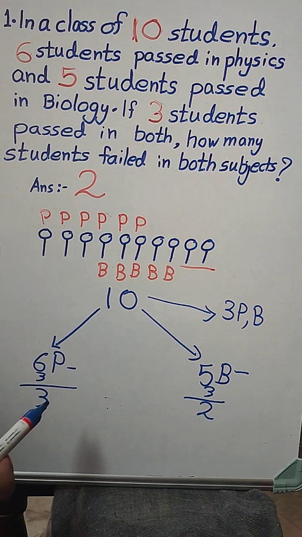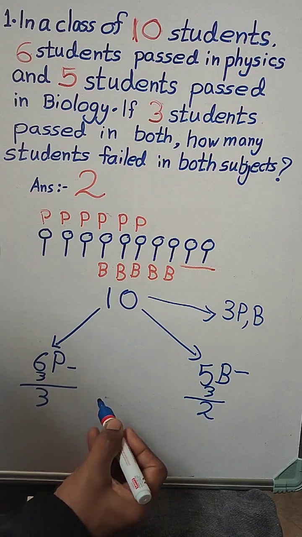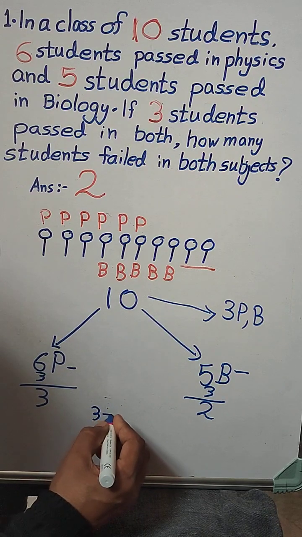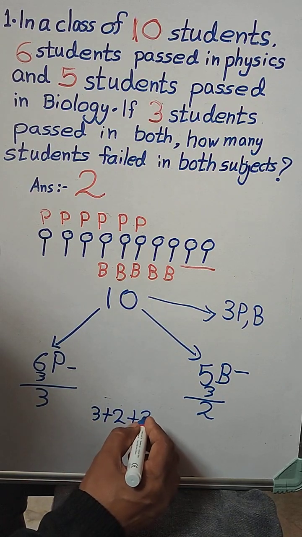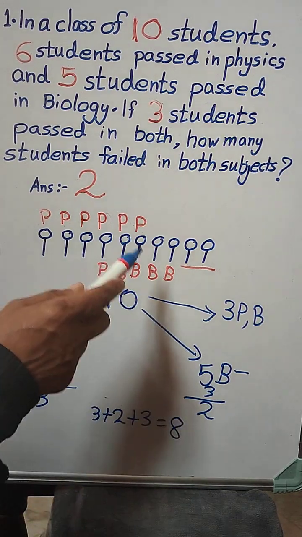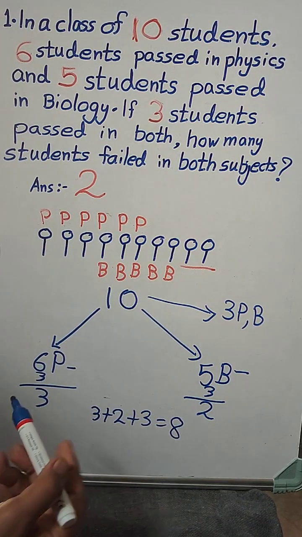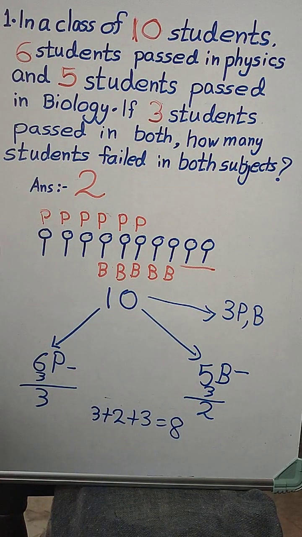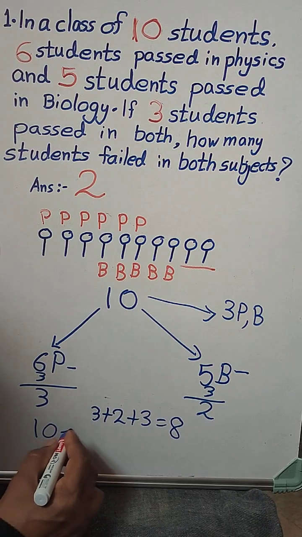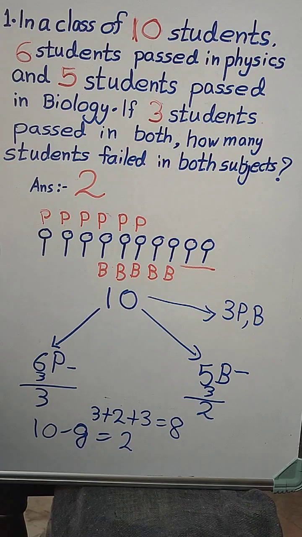Now the total is 3 plus 2 plus 3, that is 5 plus 3, 8. So 8 is the number here. So the remainder is 10 minus 8, which is 2. 2 is the answer.